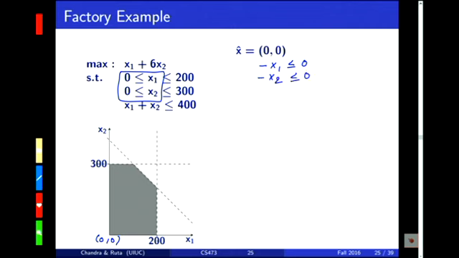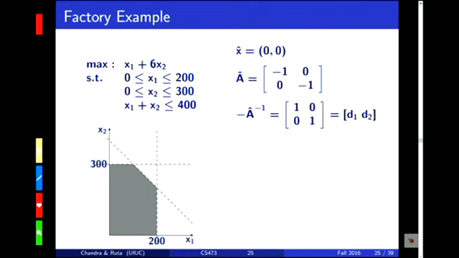So when I write A hat, that's just -1, 0, 0, -1. So the minus of A inverse is just the identity matrix, right? And these two columns, this is D1 and this is D2.